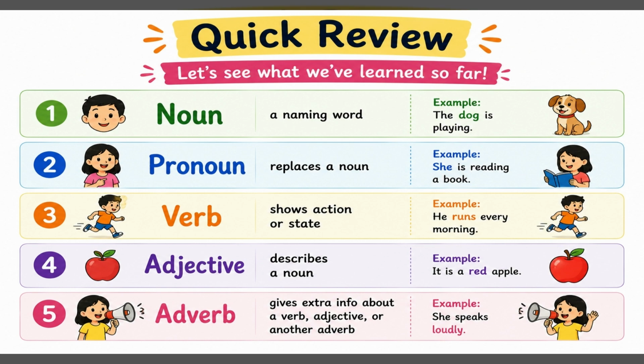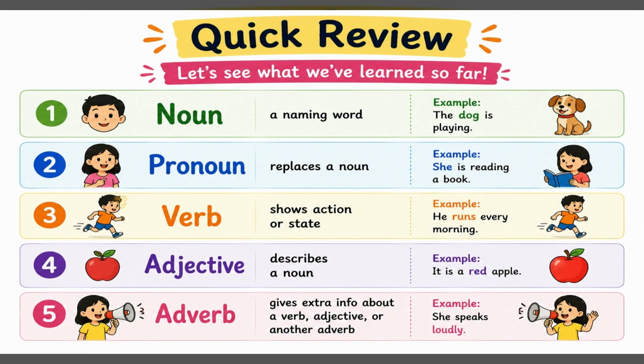A verb tells us about an action or a state. Words like run, eat, write, and is can be verbs. An adjective gives us more information about a noun or pronoun. It describes things such as a beautiful flower or a tall building, and an adverb gives us extra information about a verb, an adjective, or another adverb.